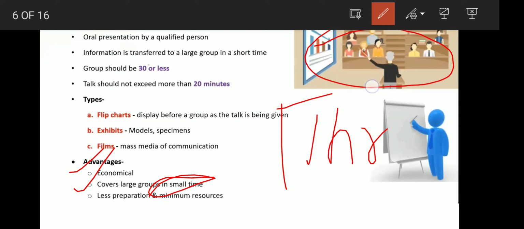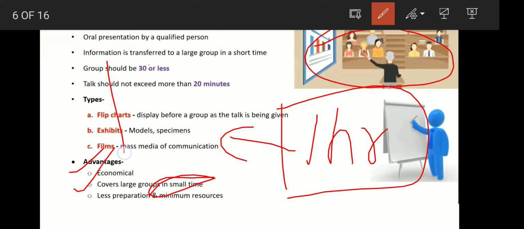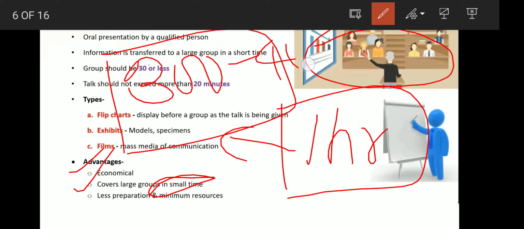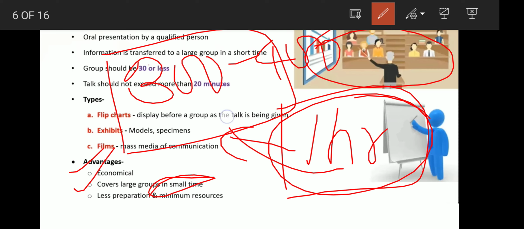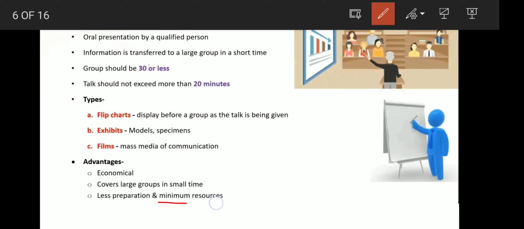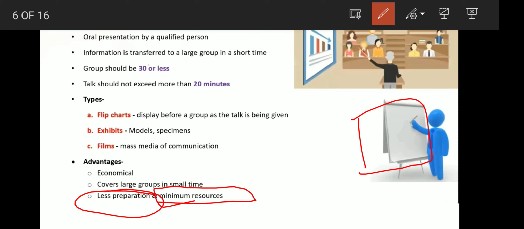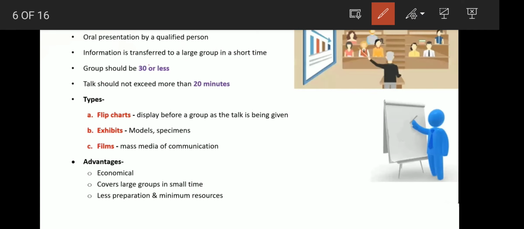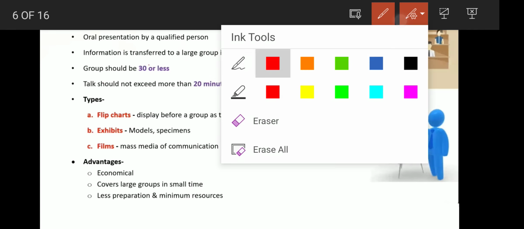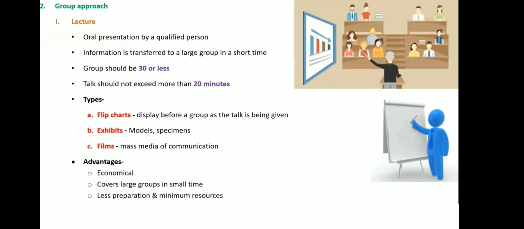If it is occurring in some auditorium or something, then 300, 400 members can be covered in the same 1 hour. We can cover a large group of people in small time. Less preparation and minimum resources are used. Just a PPT presentation, less preparation is required and minimum resources required, but the reach is large. So this was about the lecture method.